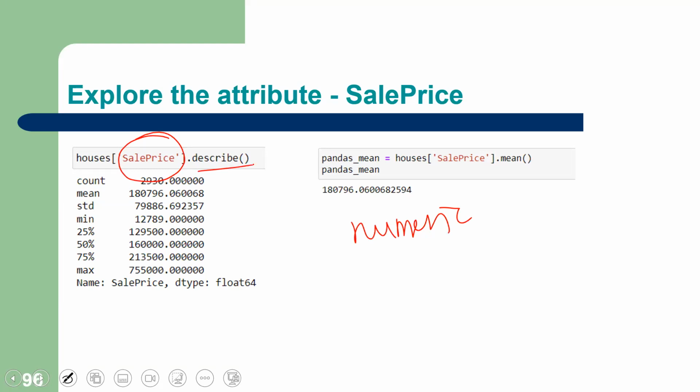We describe this, and the count is around 2930. This is my mean value. Similarly, we have the 5 point summary for this series, sale price. If you take this mean, my pandas mean is also the same: 180,796.